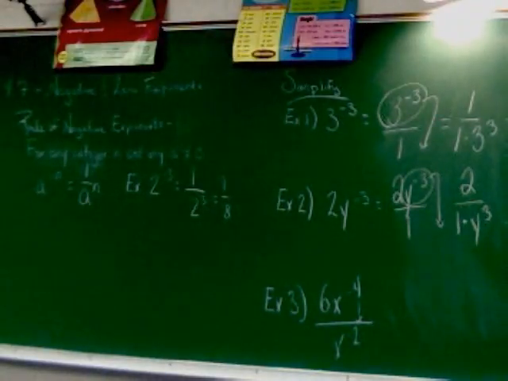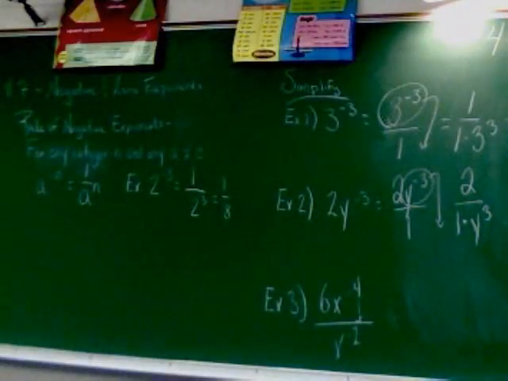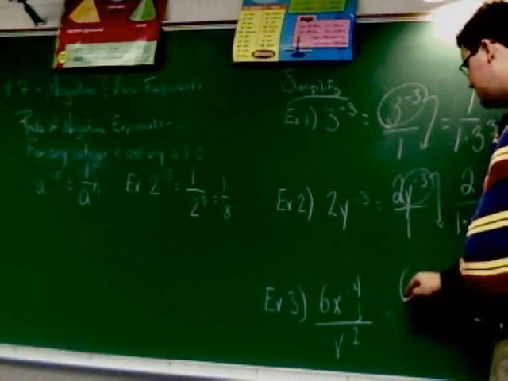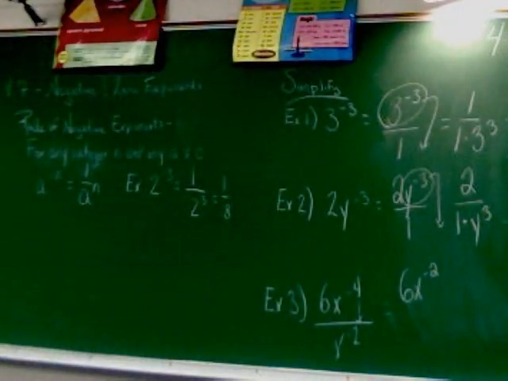So negative 4 minus negative 2, well, minus a negative changes to plus. That makes negative 2. So this whole thing is going to change into 6x to the negative second.